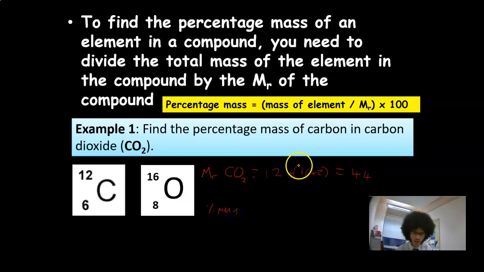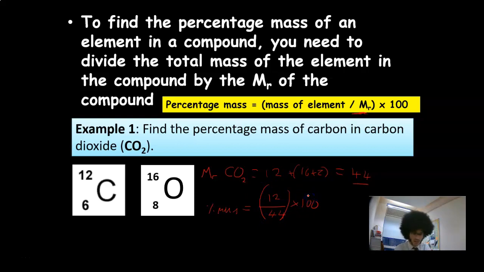Now, to work out the percentage mass, I first have to work out how much carbon is in carbon dioxide. There's only one atom of carbon, which has a mass of 12. So the total mass of carbon in carbon dioxide is 12. I then divide that by the MR, which in this case is 44. So I do 12 divided by 44, and then I times that whole thing by 100.